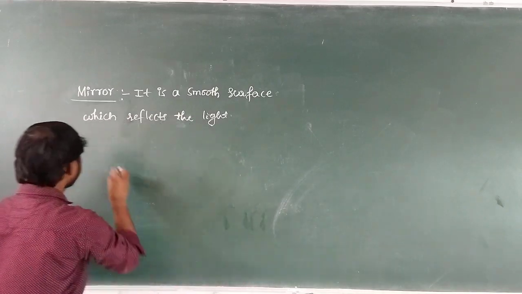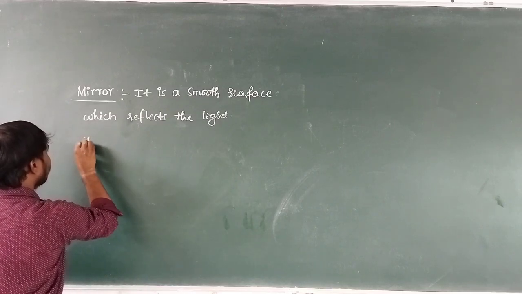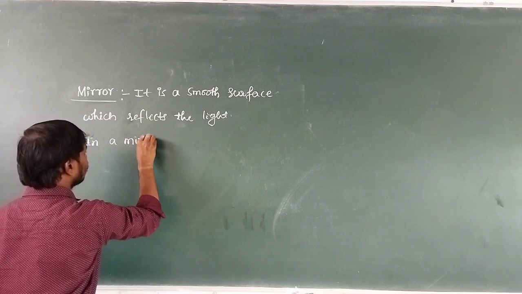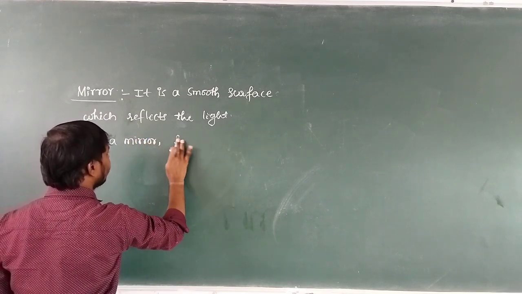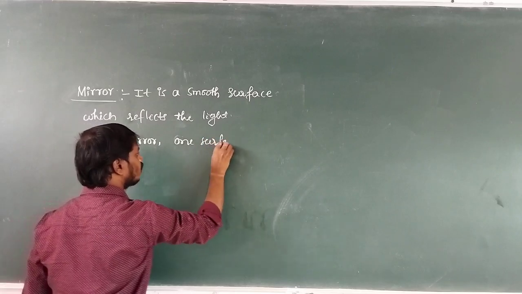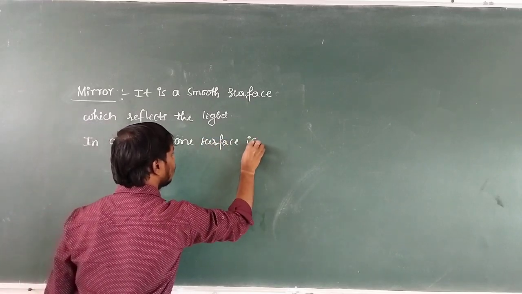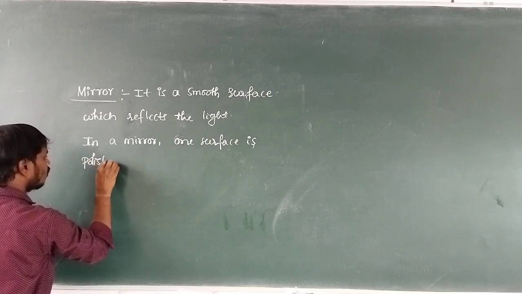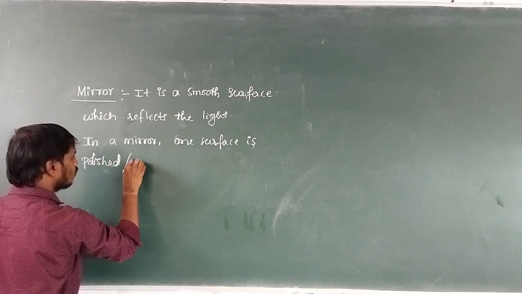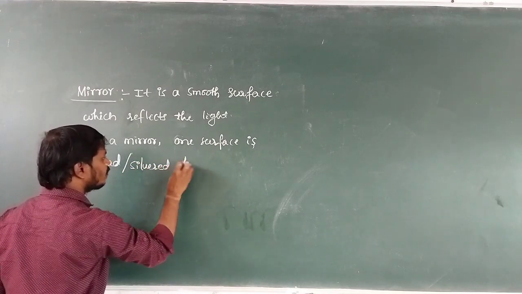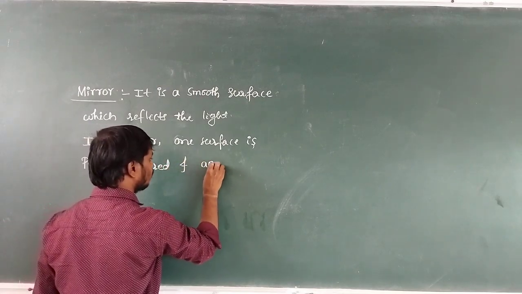So, in a mirror, one surface is polished or silvered and another surface is reflecting.